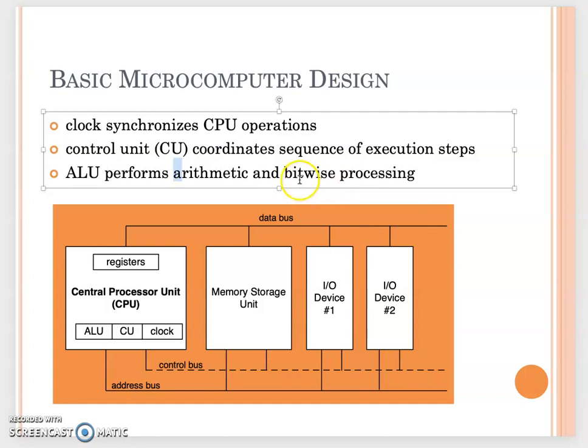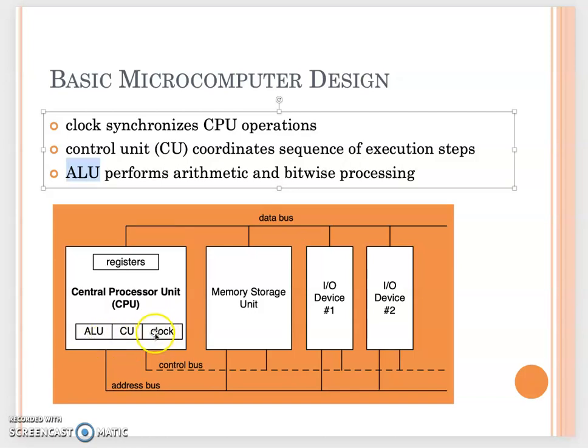Each bit's processing is performed by the arithmetic logic unit. So it will really do the calculation. So besides these two, the police control to coordinate the sequence, the ALU is in charge of the calculation, no matter whether it's logic or arithmetic.